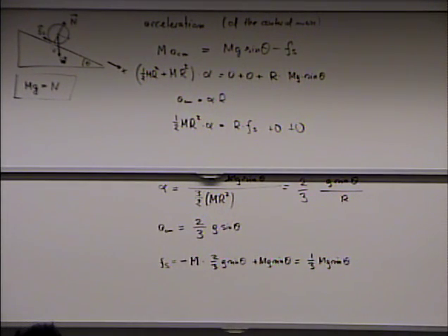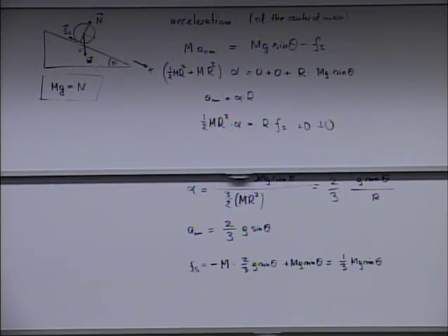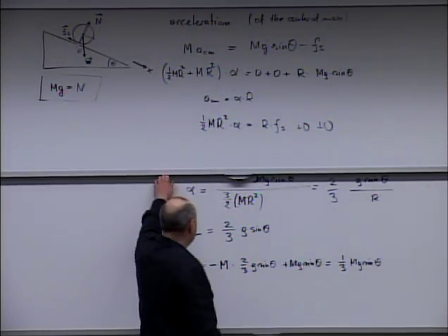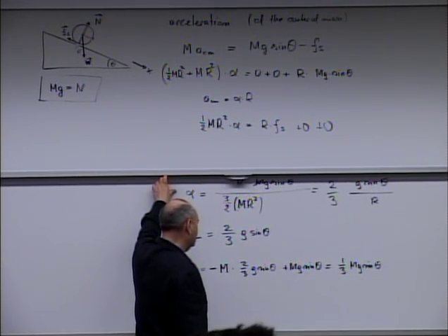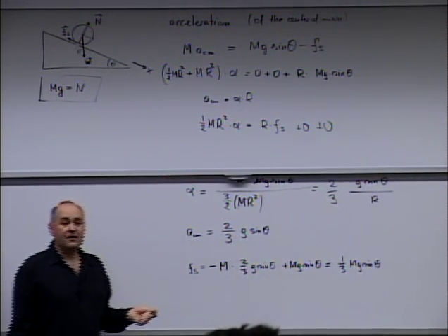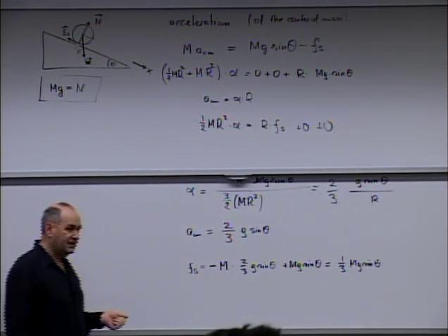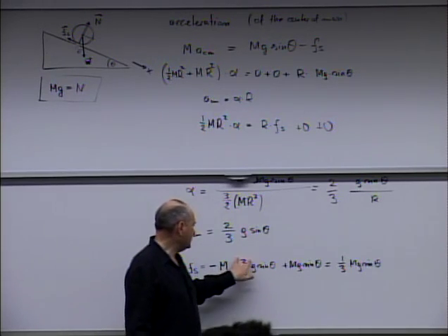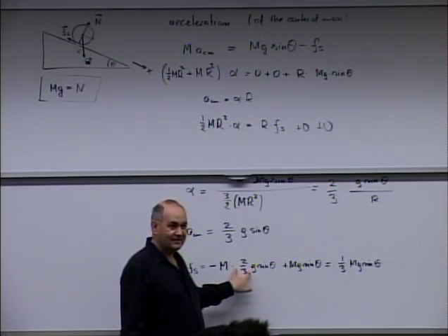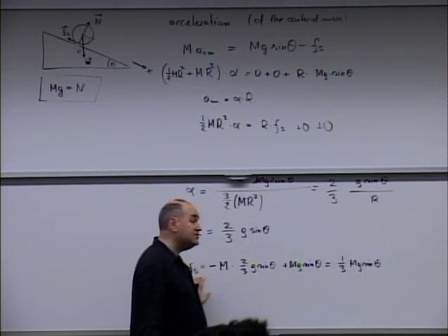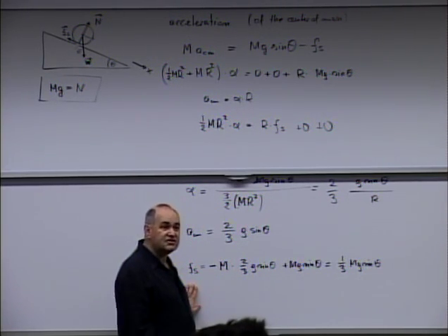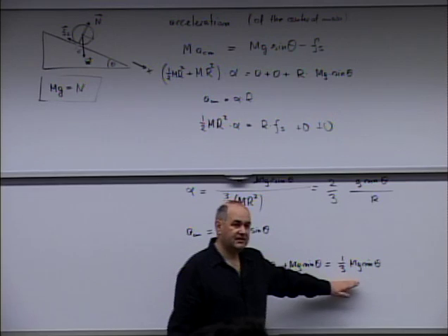Let me see if it is right. Now, if the object had a different moment of inertia, then this coefficient would be different. Even this coefficient would be different, static friction will adjust itself to a different value.